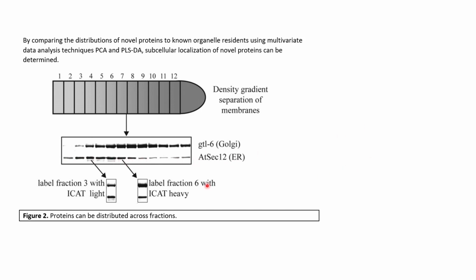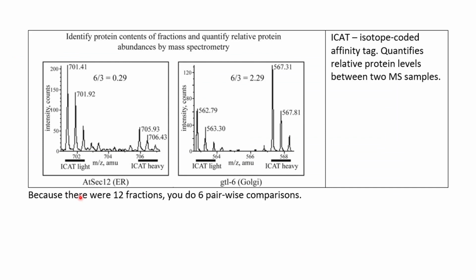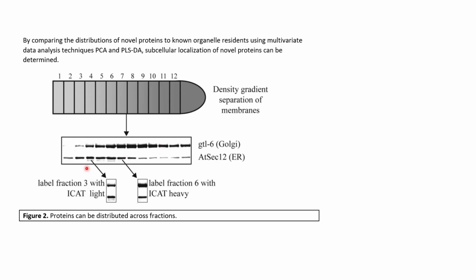So what this LOPIT method does is they use ICATs, and ICATs are basically isotope-coded affinity tags, and all it does is it quantifies the relative protein levels between your two mass spec samples.